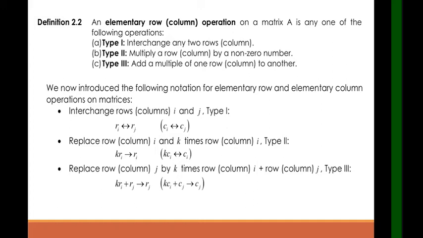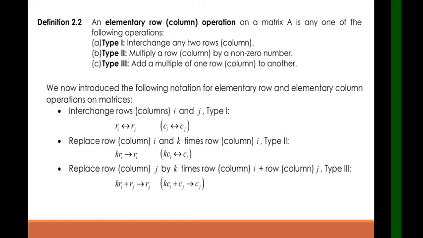No? So, type 2 naman, multiply a row or column by a non-zero number. Like for instance, 3 times row 1, 3 times row 2, 3 times row 4. And then type 3, add a multiple of one row to another.